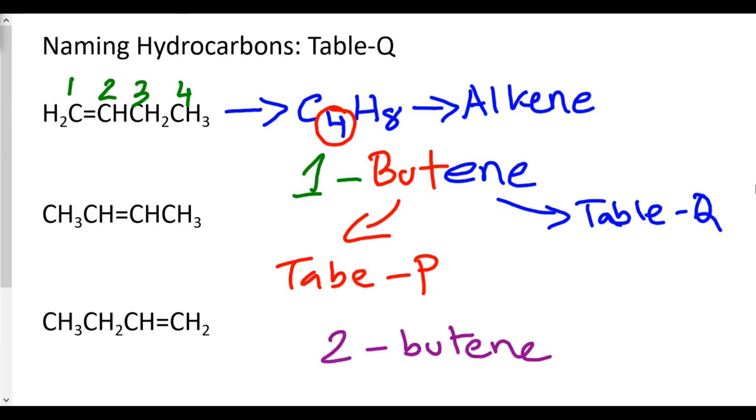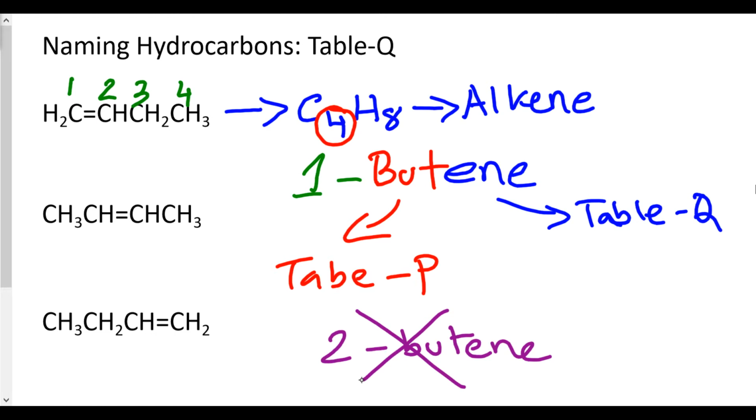So for this compound, even though the double bond is between the first and second carbon, we cannot name this compound as 2-butene. We are not allowed to name the compound as 2-butene because we always have to pick the lowest possible number to represent the location of an unsaturated double or triple bond.